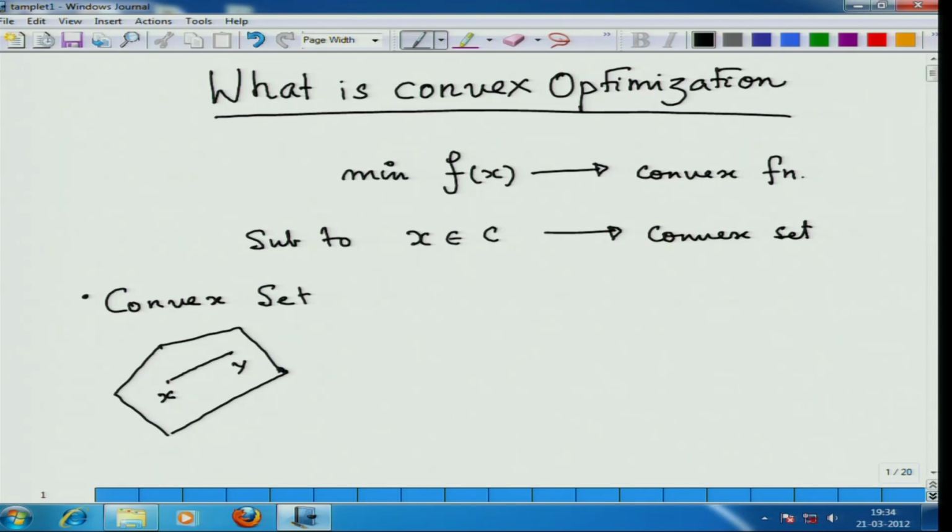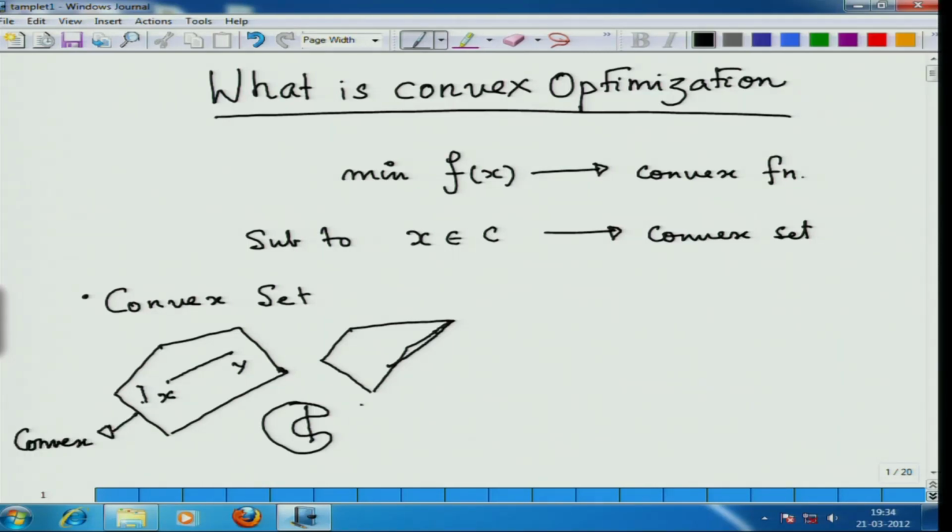Now, if you look at this set, whatever points you take and whenever you join them, they remain inside this set. You take a set like this, I take a point here, I take a point here, and I try to join it, it goes outside, or a set like this, it is more clear. If I take these 2 points, I join them, a part of the line segment is outside the set. So, this set is convex, these two are non-convex.